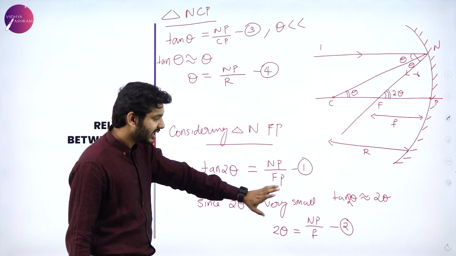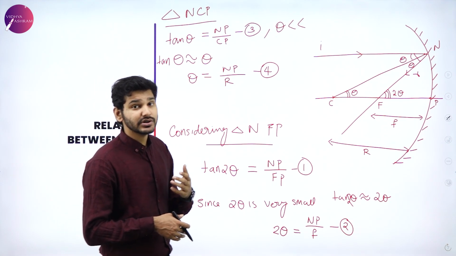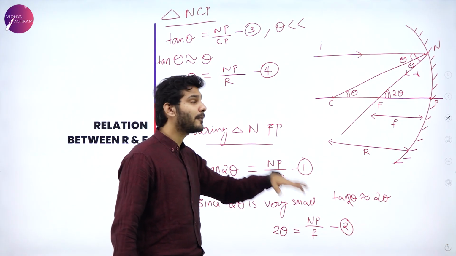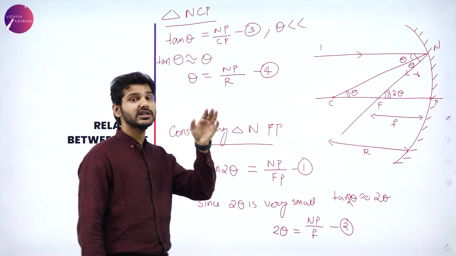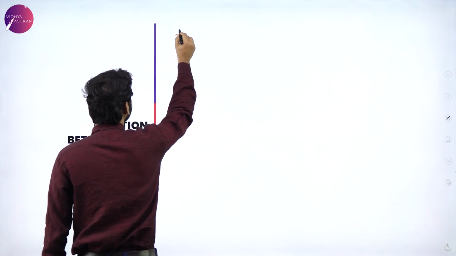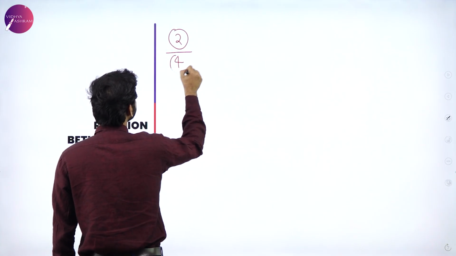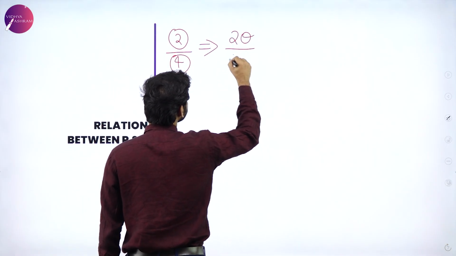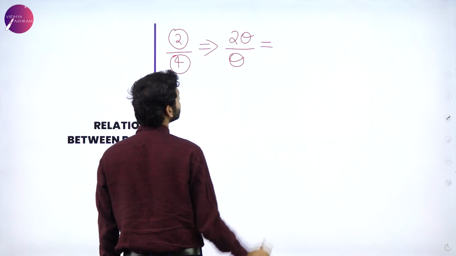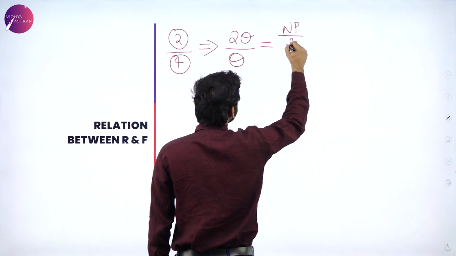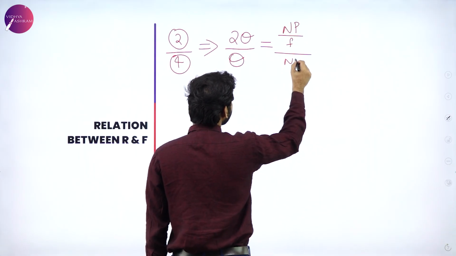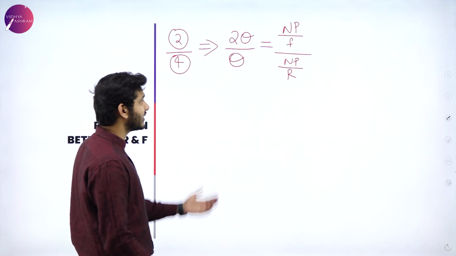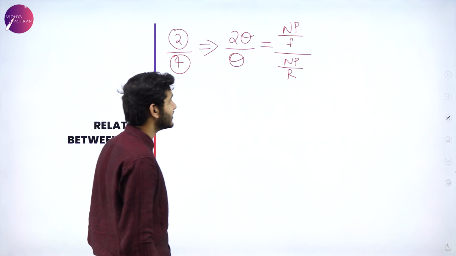Now what I'm going to do is take the ratio of these two, or simply divide equation 2 by equation 4, that is 2 theta divided by theta, which is equal to NP divided by f, whole divided by NP divided by R. If I do this, you can also take the reciprocal and multiply. It doesn't matter. The same result will appear.